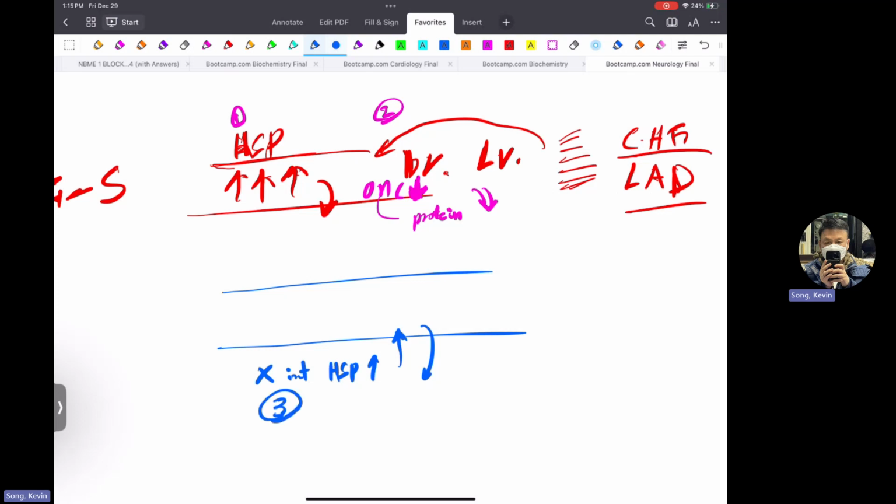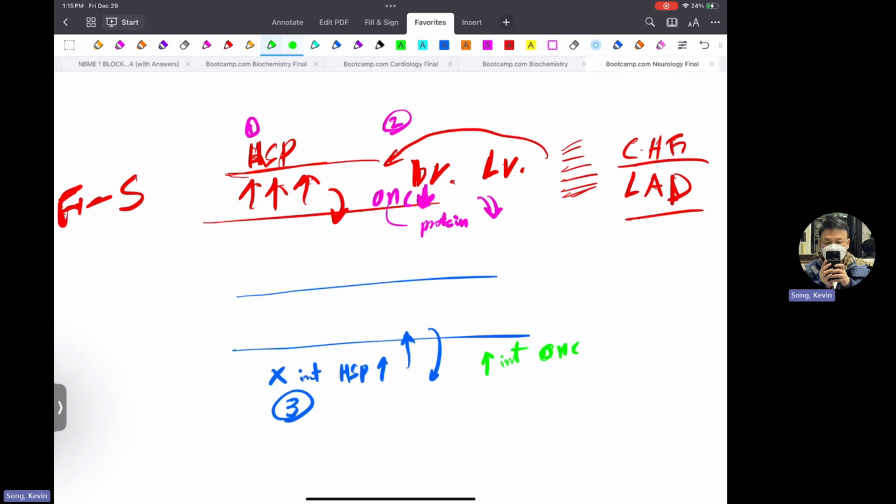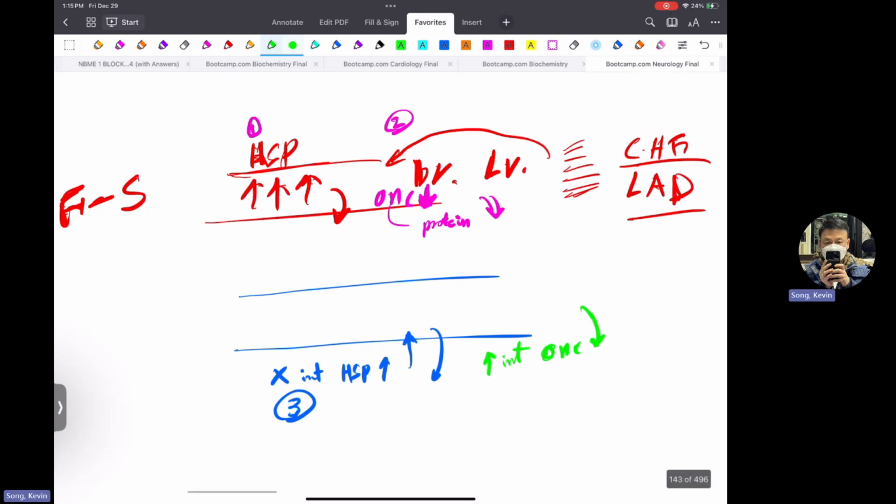So that's the third cause. And similarly, there's another cause from outside the blood vessel or lymph vessel: interstitium oncotic pressure. If there's a high interstitium oncotic pressure, it will attract more fluid from inside to outside, right?